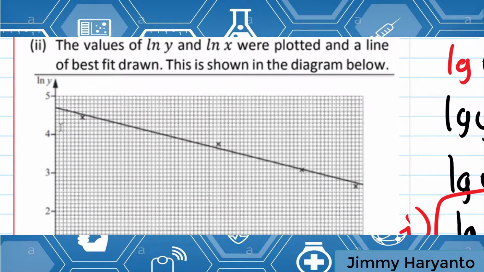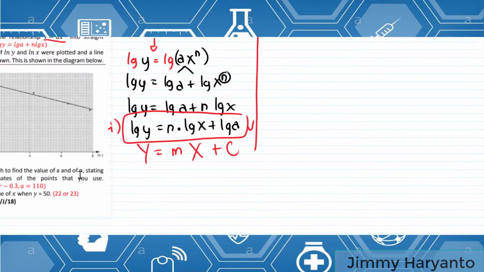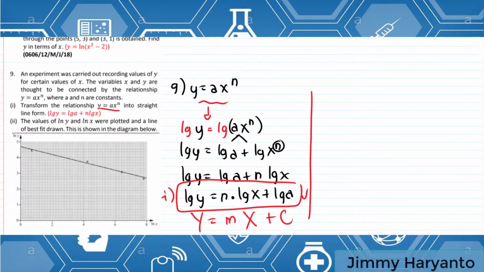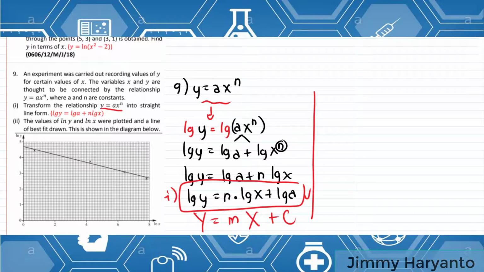Let's zoom in. 4.1, 2, 3, 4, 5, 6, 7. 4.7, yeah. So the c is 4.7. Okay, I will write it for you. The y-intercept, as we can see on the graph, is 4.7. That means 4.7 equals c.